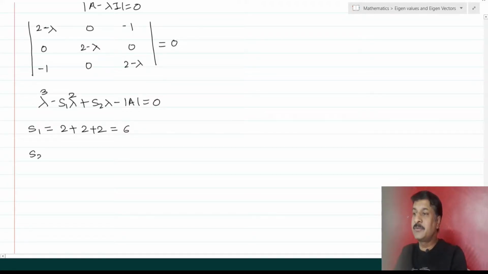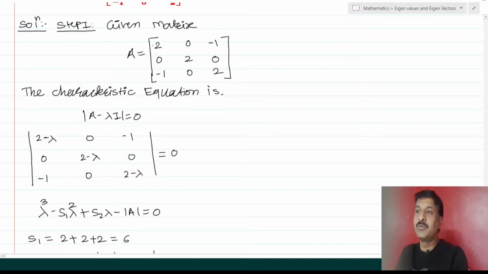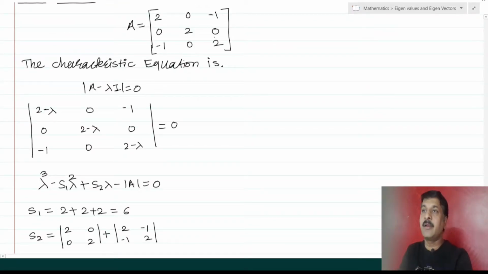And s2 is the sum of minors of the diagonal elements. So I get first the determinant 2 0 0 2, the minor of the first diagonal element, then the minor of the second diagonal element, 2 minus 1 2. Note that the minor of this 2 is found by deleting this row and this column.